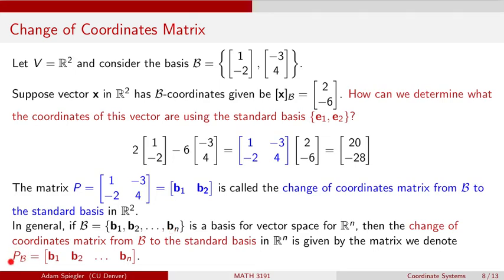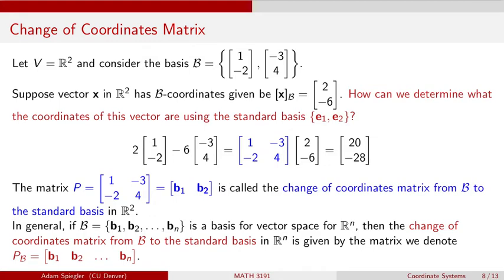So this matrix typically gets denoted with a P, and we put a subscript indicating what basis this is referring to. And this is going to map coordinates from B, this non-standard basis, into the standard basis for Rn.